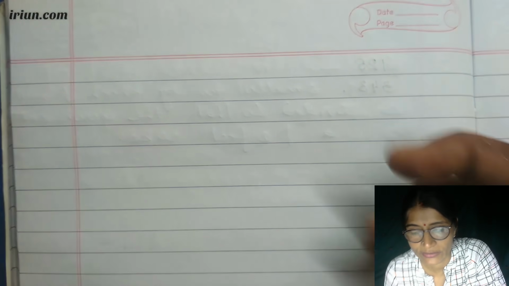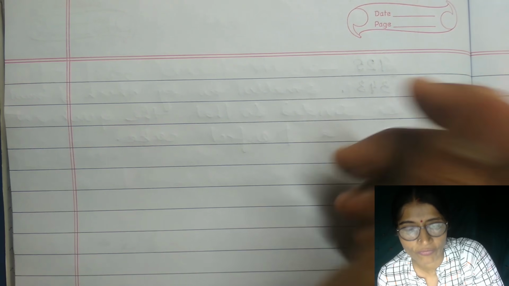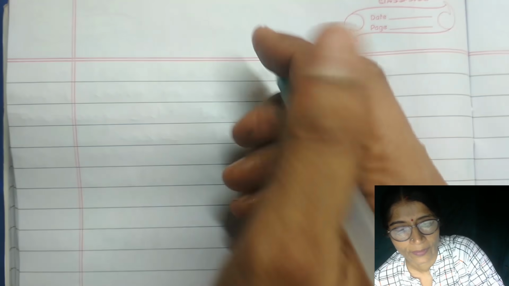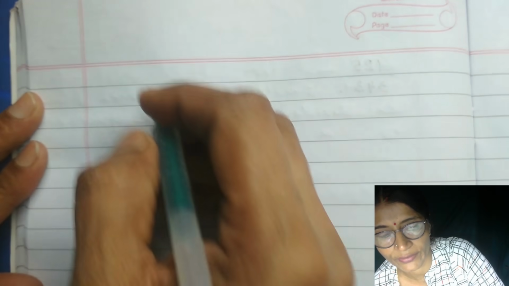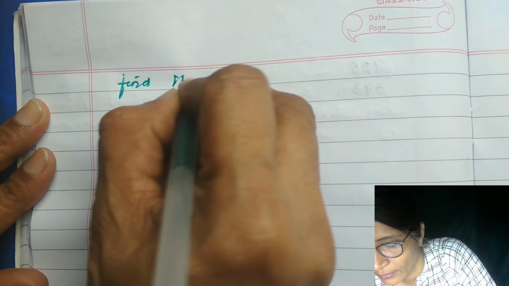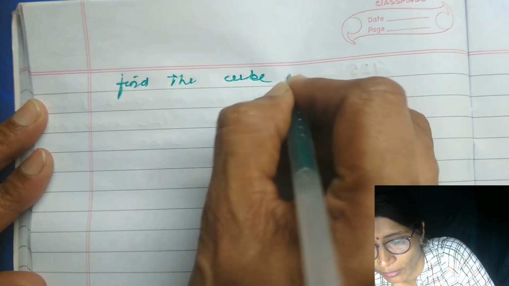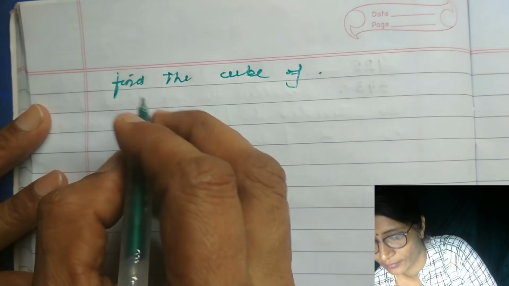Okay, now we will do a few sums related to cubes from the exercise. The first sum is to find the cube of the first number given, 8.